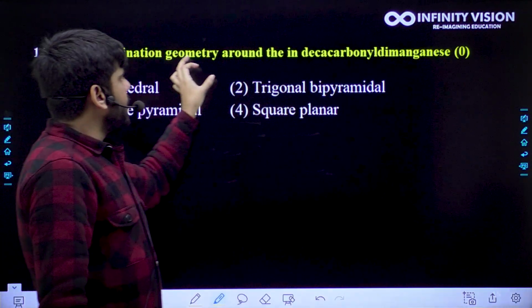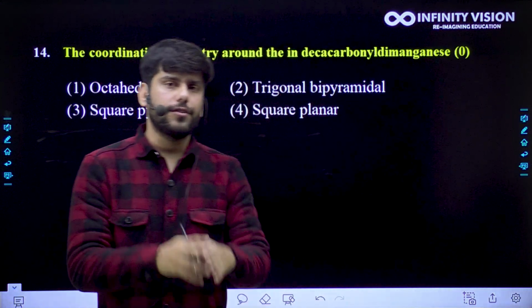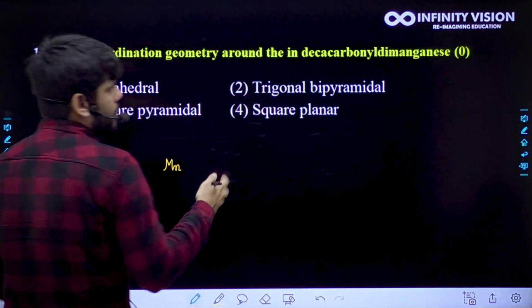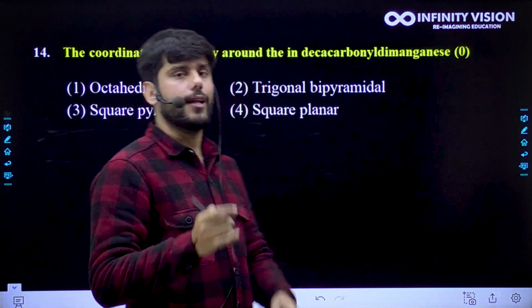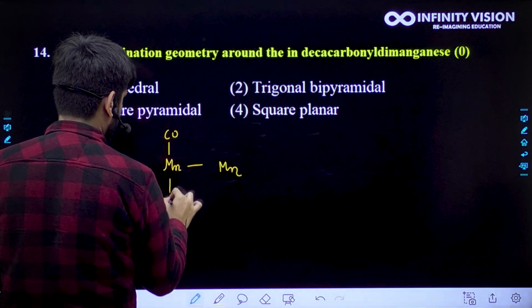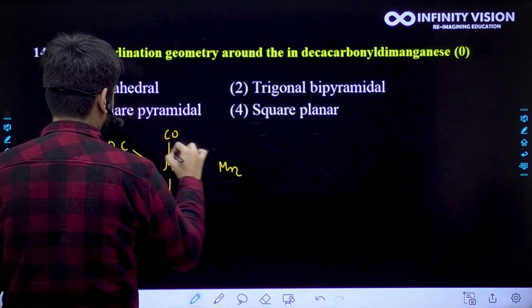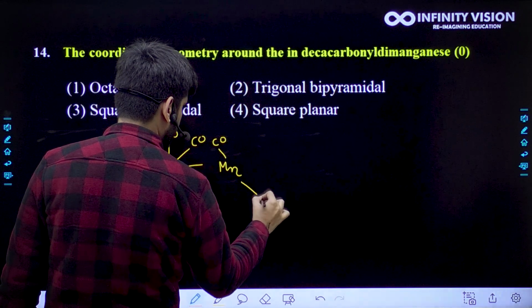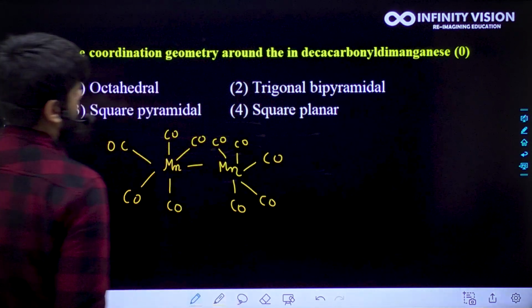The coordination geometry around manganese in decacarbonyl dimanganese(0). Now this is a binuclear carbonyl compound. It is already mentioned in NCERT that the two square pyramidal units are joined together by an Mn-Mn bond.